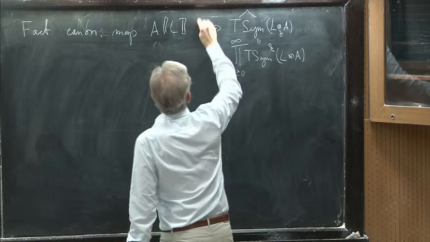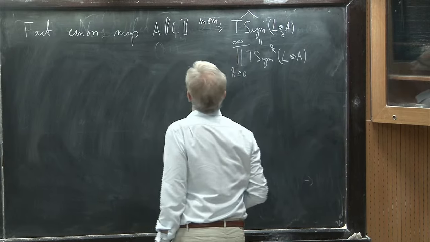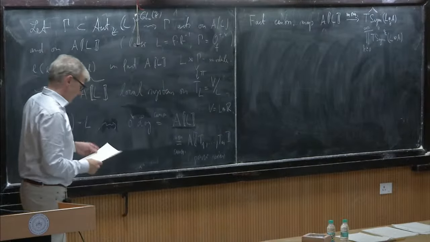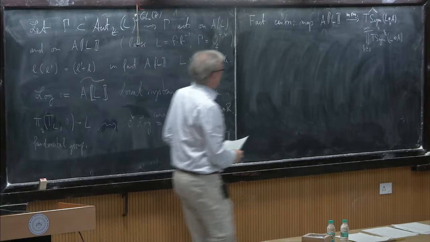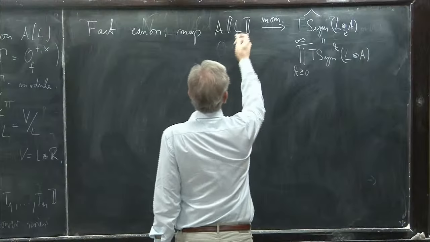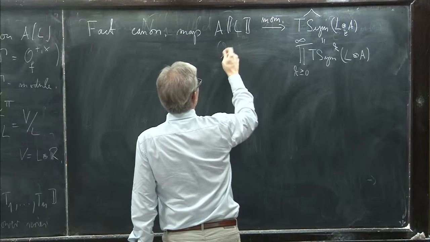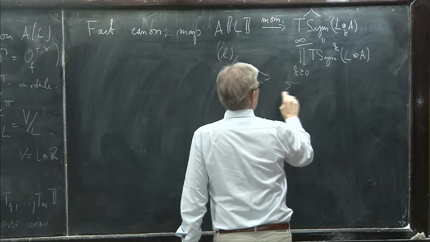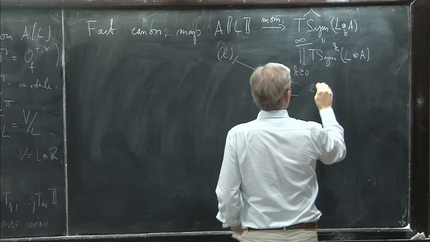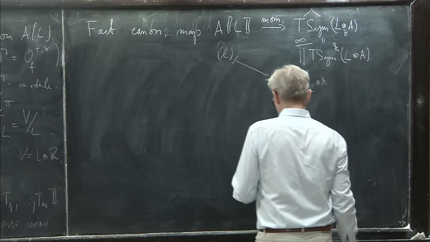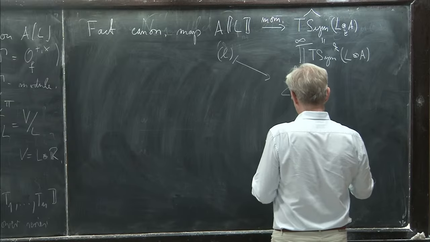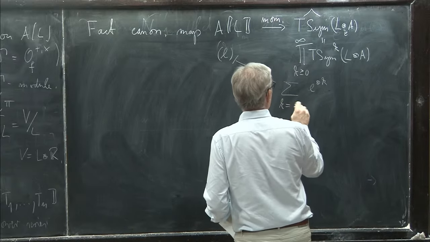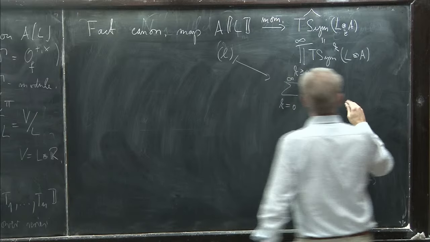And this map I call the moment map because of some relation with Iwasawa algebras later. And I can give it very explicitly. So these generators l here, they simply go to the exponential series, l tensor k, where k runs from 0 to infinity.